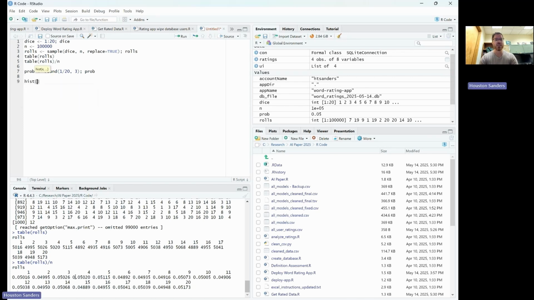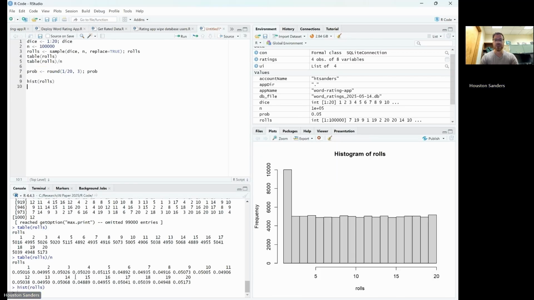But we could also take it one step further, and let's make a quick histogram of our dice rolls. If we look at this, you can see that generally we have a pretty flat histogram, which makes sense because, based on the law of large numbers, we expect that given a large enough sample they would start to equalize out.